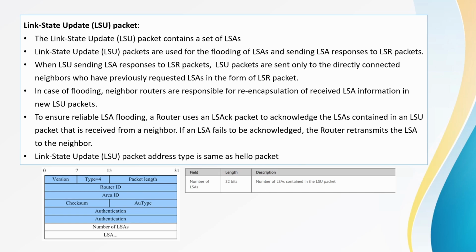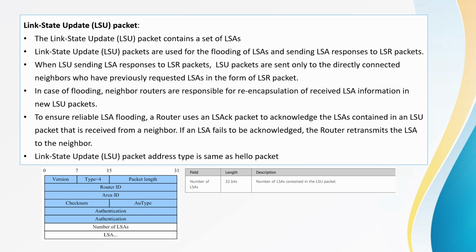Next is the link state update packet. The link state update packet contains a set of LSAs. Link state update packets are used for flooding an LSA and sending an LSA in response to the LSR packet. So this means the link state update packet has two functions.